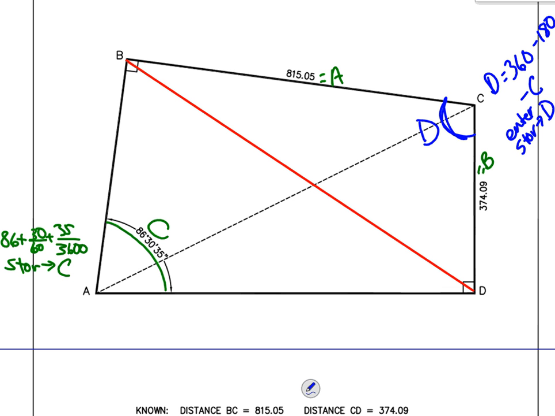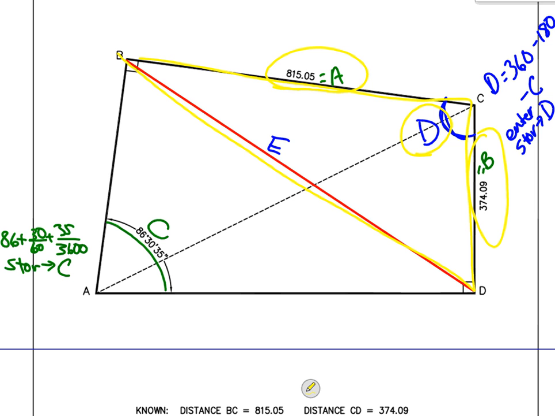Now for the next thing, I'm going to call that red line that I drew in capital E. And I'm going to use the law of cosines to find that. I'll just remind you for the law of cosines, and I'm going to erase all the yellow, but I've got this side, that side, and this angle.